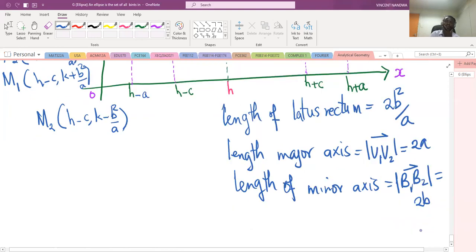And then eccentricity is given by c over a.